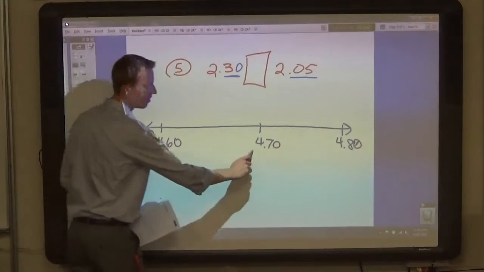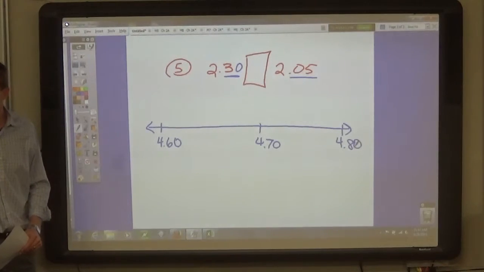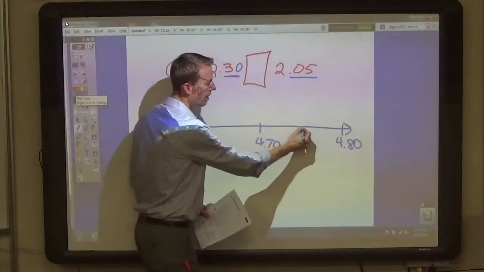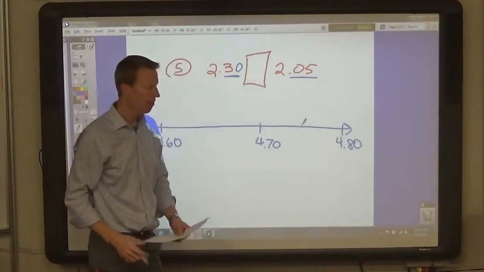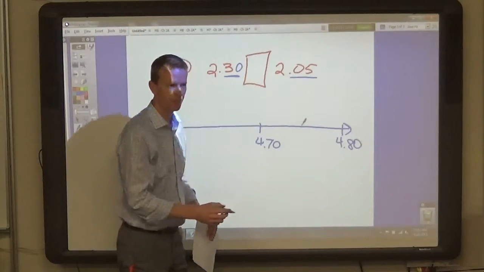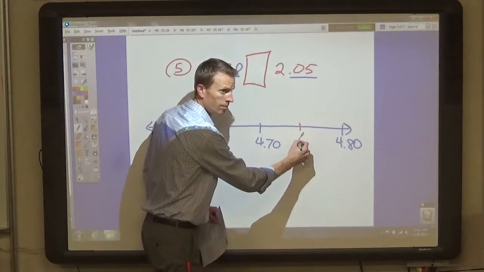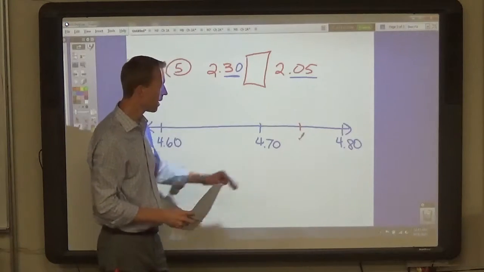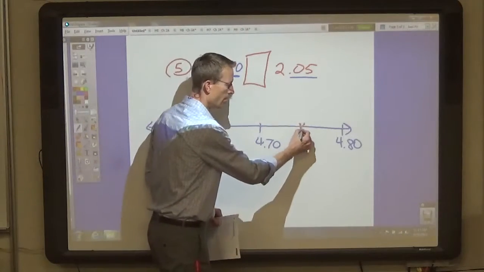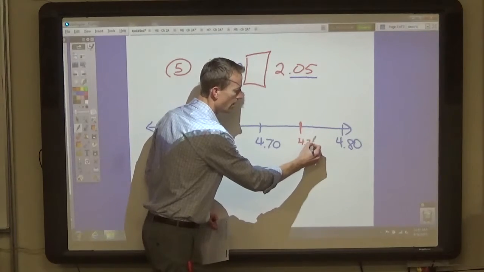4.72 is more than 4.7. What would go in between, directly in between 4.70 and 4.80? Emily? What goes directly between these? What's the middle tick mark worth? 4.75.